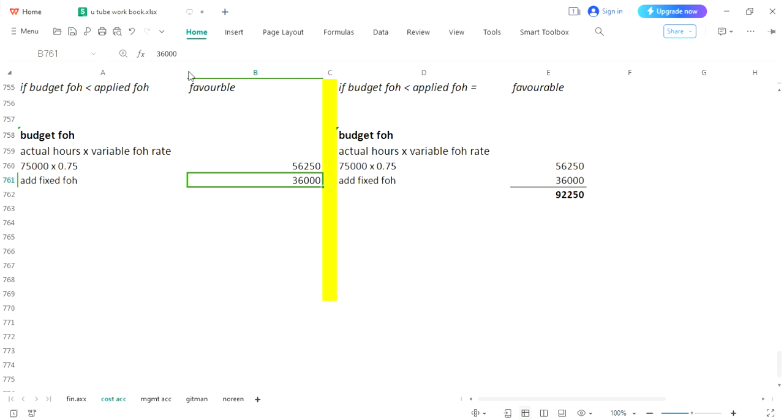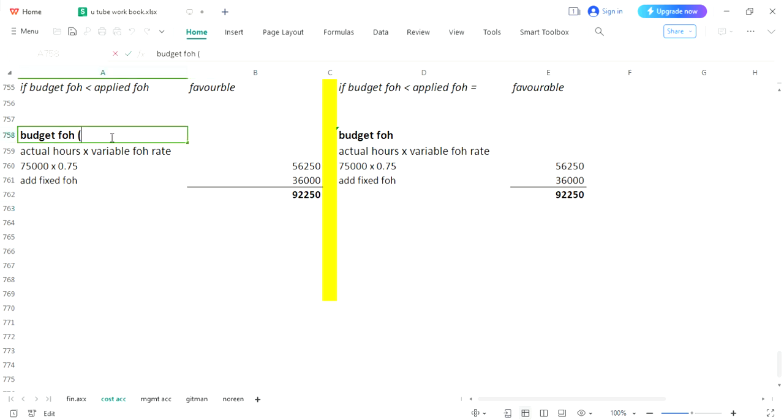Now it's time to calculate the budget FH. In total, two amounts would be added, 56,250 add 36,000. We have calculated budget FH. Look at it in a similar way, but the earlier budget FH was according to normal capacity and this budget is according to expected capacity.